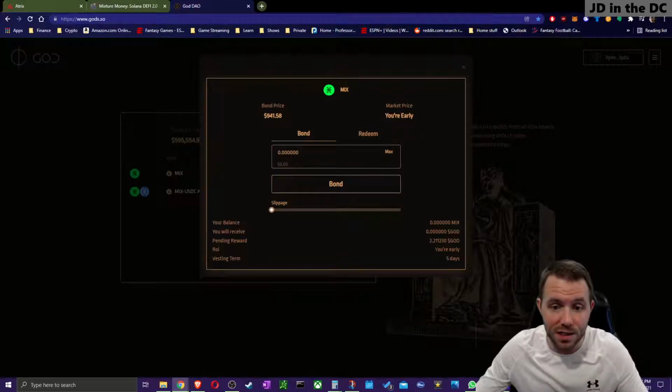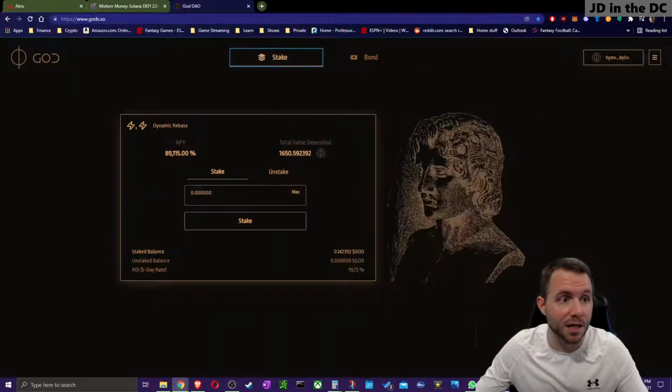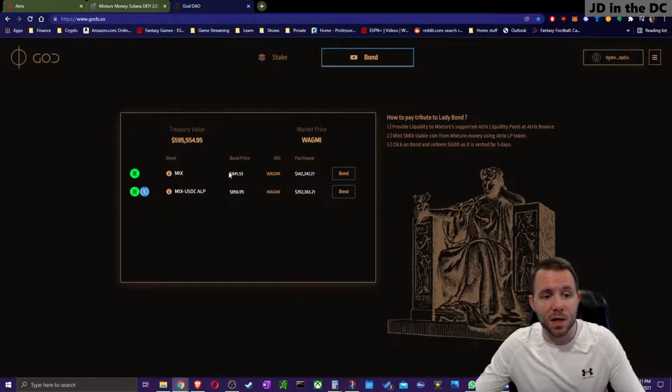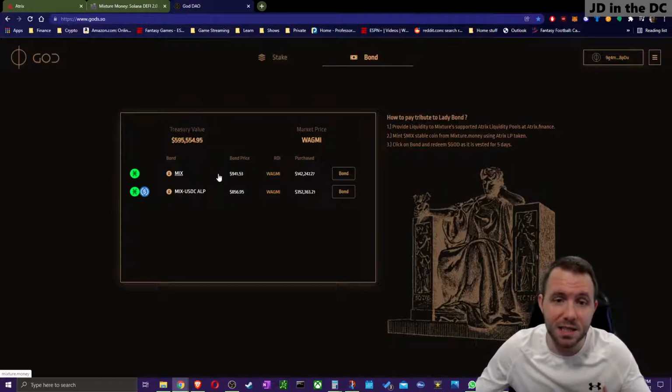Okay, and you can see I actually have some that I'm playing around with in here. I did this before the God token even became available. When I did this, the bond price was at $500 earlier today. So that means it locks in your price.